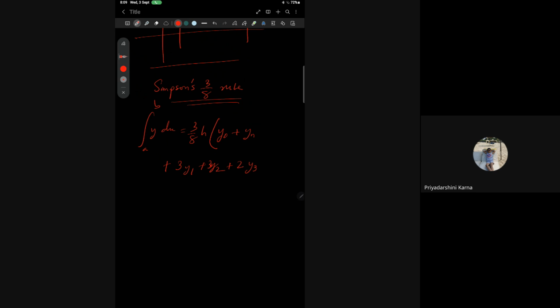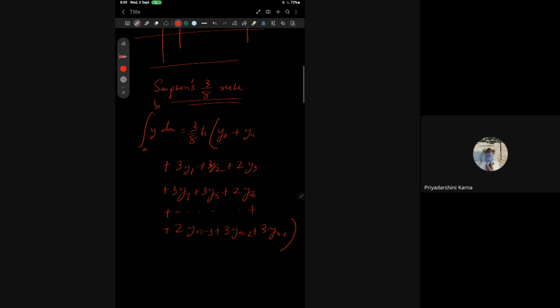Then plus 3 times y4, 3 times y5 plus 2 times y6. So it will go on until 2 times yn minus 3 plus 3 times yn minus 2 plus 3 times yn minus 1.